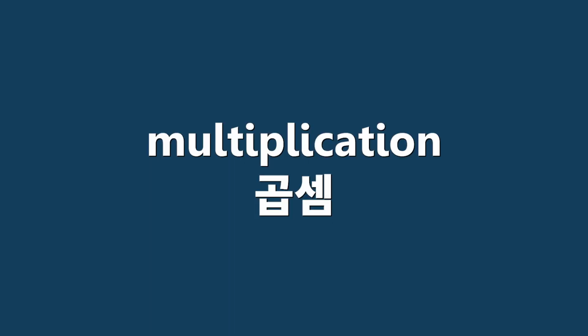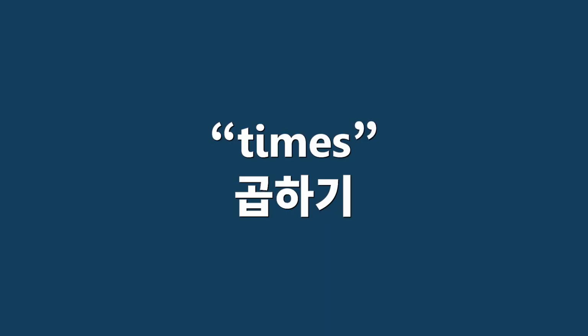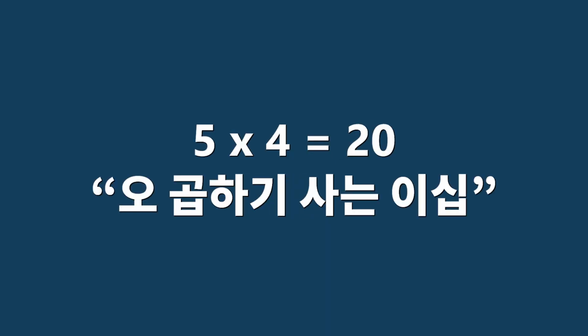Now this word is used mostly just for calculating numbers, so you probably won't see it in a lot of other situations. And if you got the pattern already, the noun, the act of multiplication in arithmetics is 곱셈, and in an equation you would say 곱하기. 5 곱하기 4는 20.